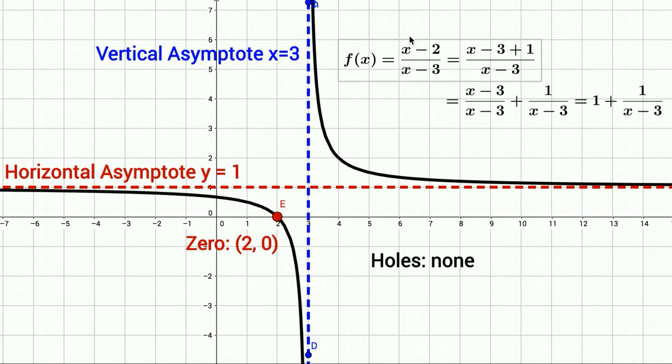So when x equals 2, as you can see here, 2 minus 2, that's 0. So that's why it's called zeros. Are there any holes? Since the function does not have a numerator and denominator with the same common factors, there won't be any holes. We will discuss this in more detail if you decide to take pre-calculus.